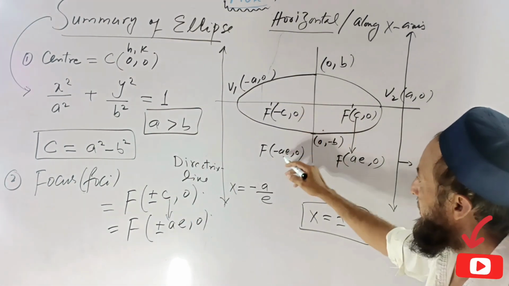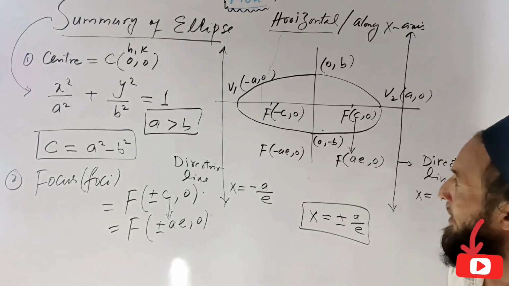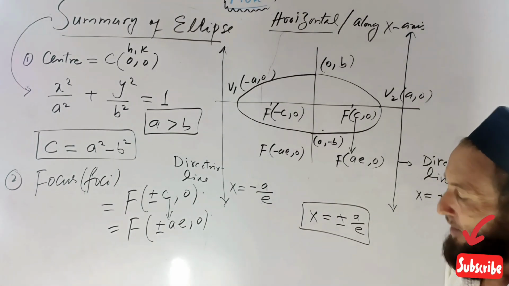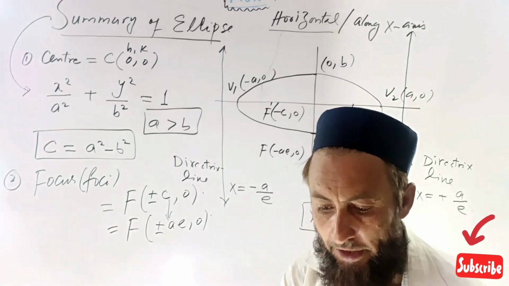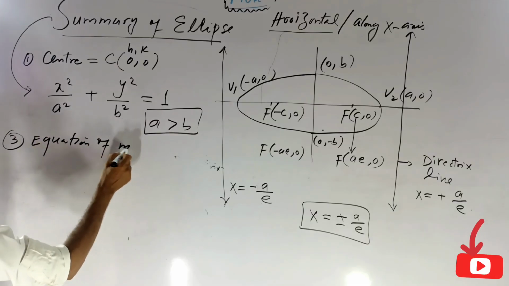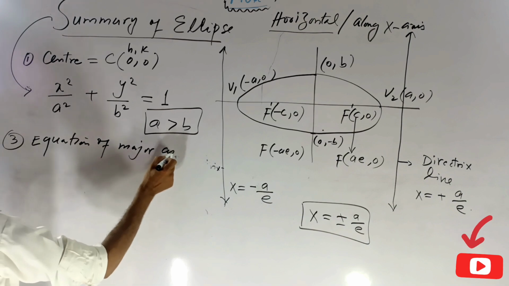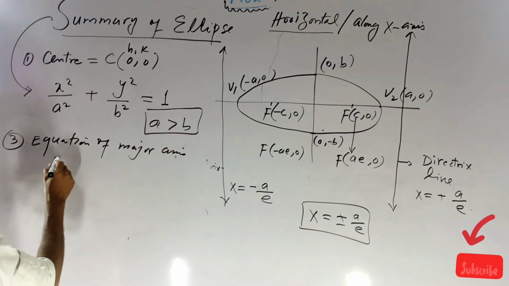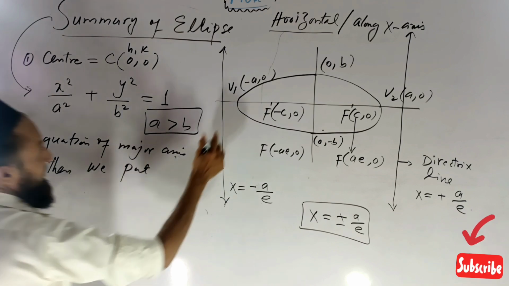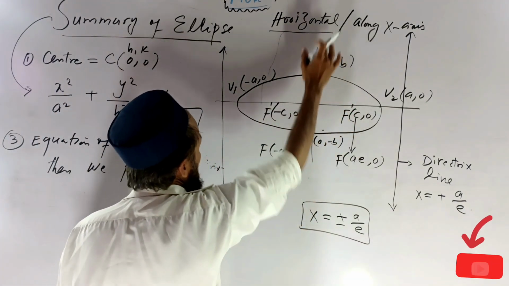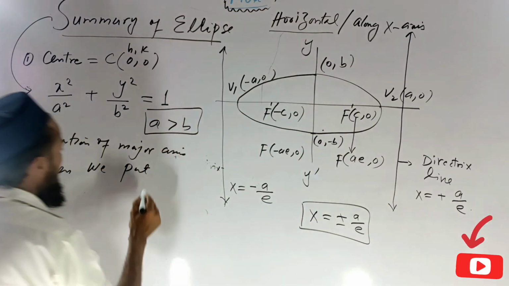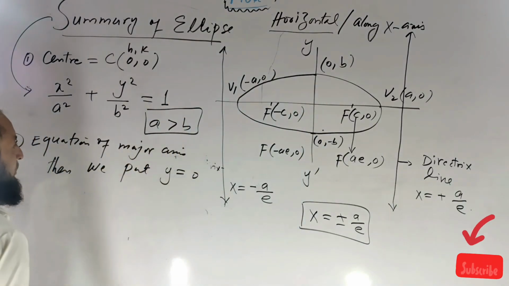We have already done this here in the graph and the diagram. After that we are finding the major axis, so we put the major axis, Y and Y dash, the Y axis, then put Y is equal to 0.